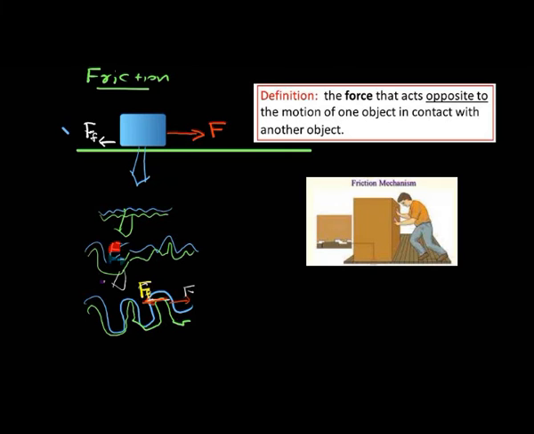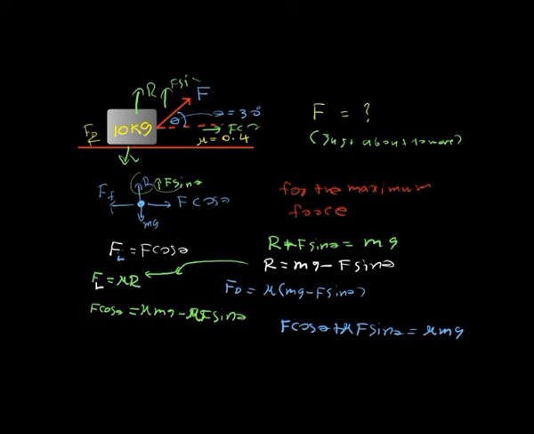Now you can say F_L is going to be F cos theta, considering the horizontal component. Now considering the vertical, R and F sine theta altogether equal mg.